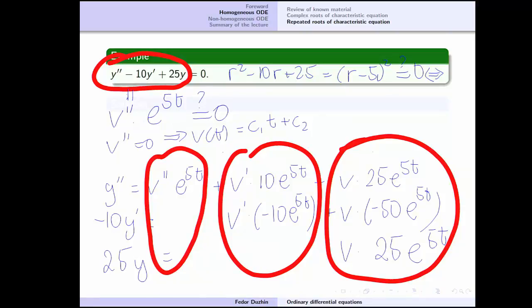Alright, notice that we dealt with a specific example here, but why did it so magically cancel? Why did everything cancel each other?